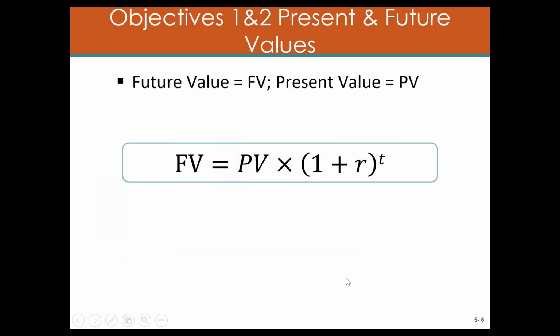So we come to what we started with. Future value equals 1 plus r to the power t times present value, today's dollar. Tomorrow's dollar equals today's dollar times 1 plus r to the power t. This is the magic wand in finance. And as I said, it is at the base of everything.